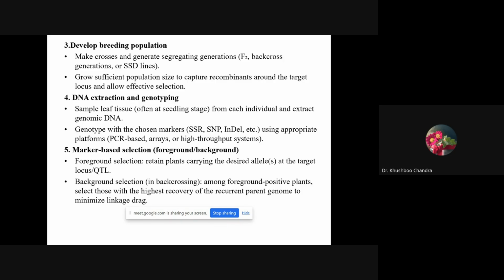But when you run the marker, you can check your specific trait, which gives precise, accurate and efficient selection, which can only be done with the help of marker assisted selection. This can also reduce linkage drag.